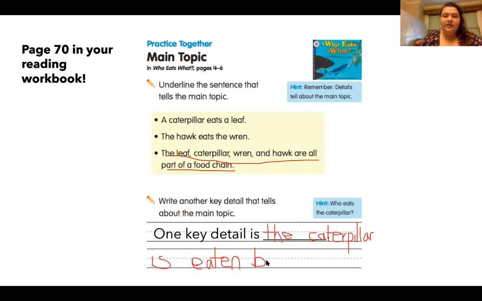That's a key detail. Any part of the food chain would be a key detail for this one. So I'm going to pause, or you can go ahead and pause it to write down your answer, and make sure you underline the main topic, and then when you're ready to go on, press play.